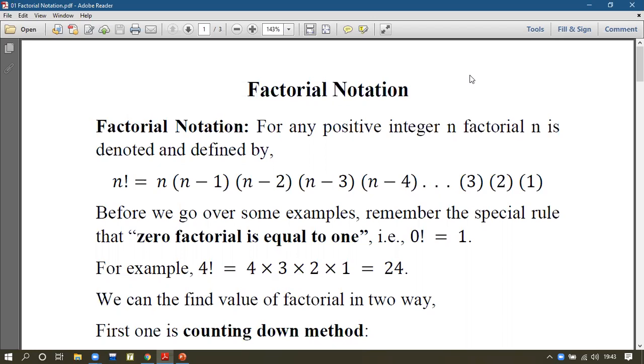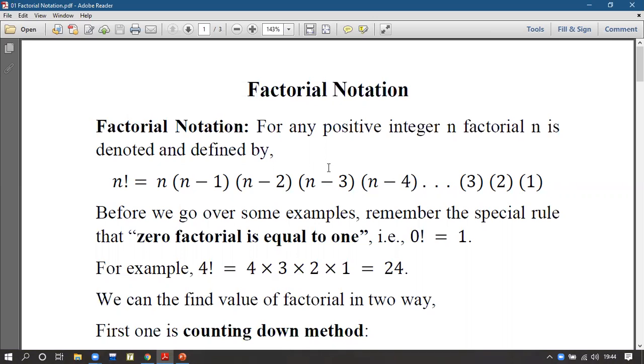For any positive integer n, factorial of n is denoted and defined by n factorial, which equals n into n minus 1 into n minus 2 into dot dot dot into 3 into 2 into 1.